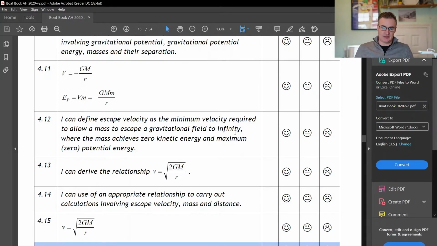I can derive the relationship, velocity is equal to the square root of 2 big G big M over R. I can carry out calculations using said relationship, and the last one is just the same relationship as well. So in 4.13 we actually have a derivation, which we don't have many of, but this is certainly one of them. Okay, well, let's begin.